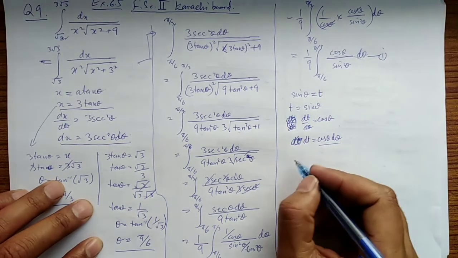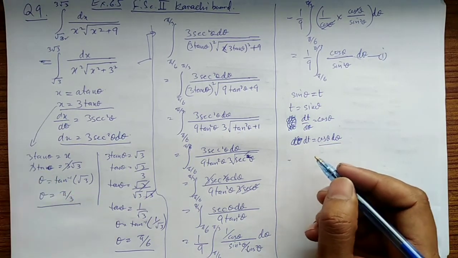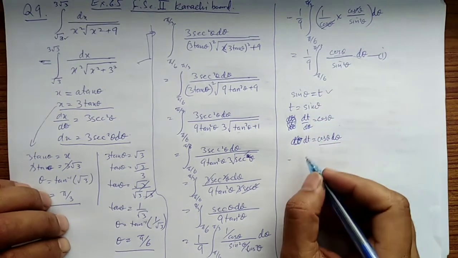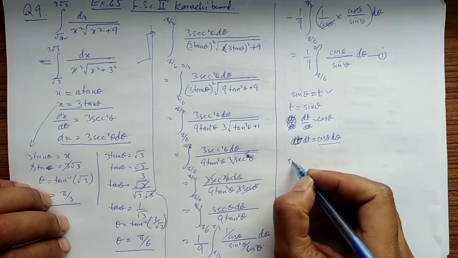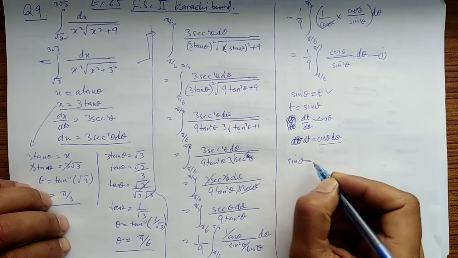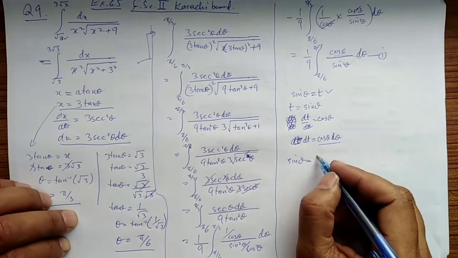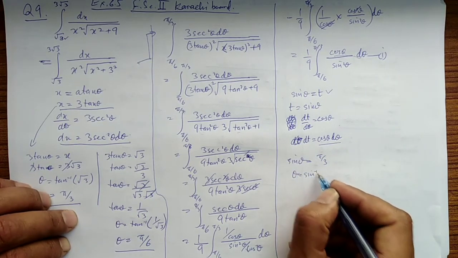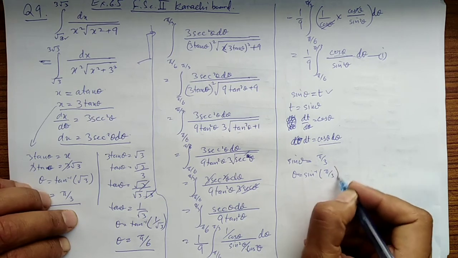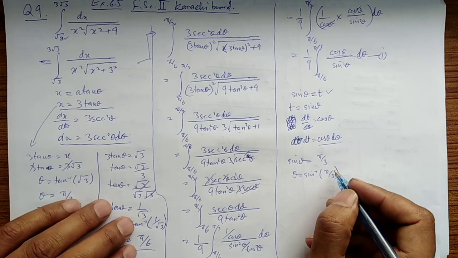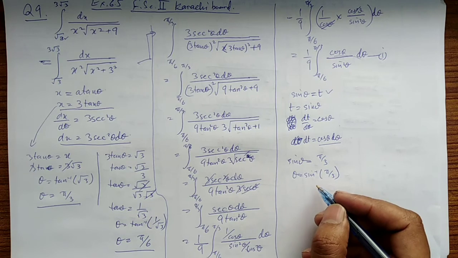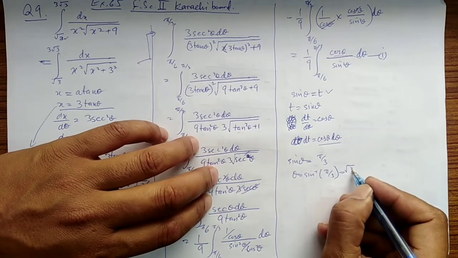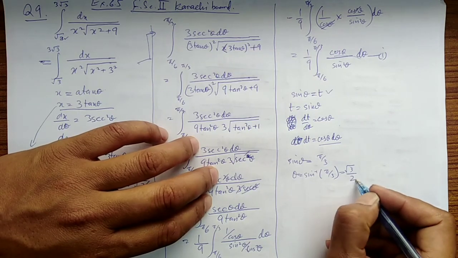Now before putting the values, we are going to change the limits again. Since sine theta is equal to t, for the upper limit theta equals pi upon 3, t is sine of pi upon 3, which gives us root 3 upon 2.